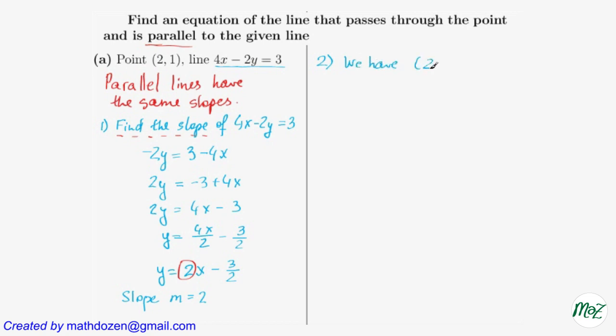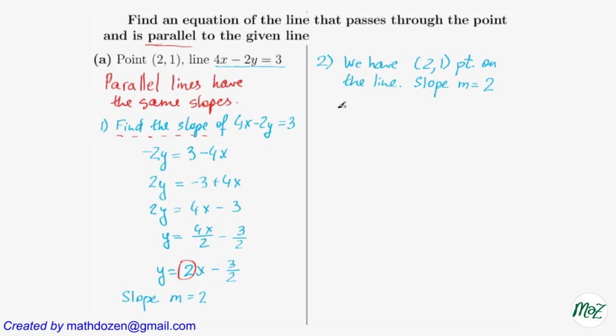We have (2, 1) as the point on the line. On top of that, we know that the slope of that line is 2. That's exactly the line we need to find the equation of.